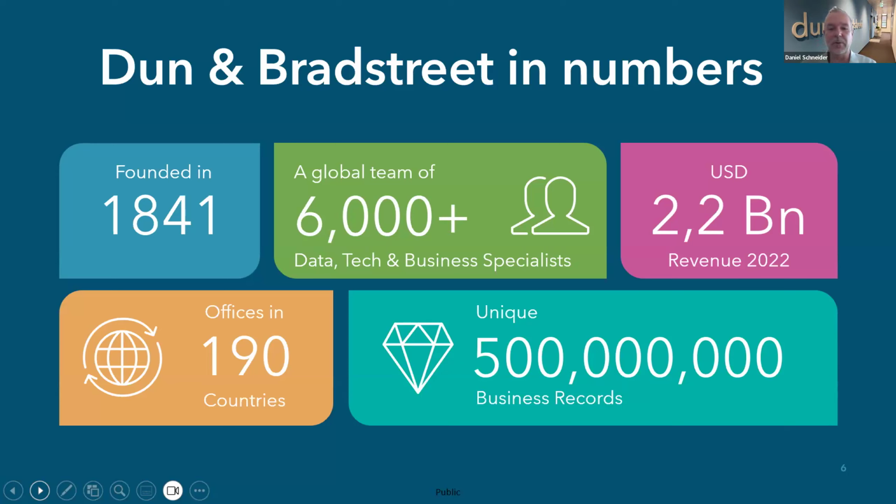One of our main skills, of course, is to have data. As you can see here, we have more than 500 million companies in our database. Actually, meanwhile, we are already at 570 million companies in our database. And this is our core business: to provide our customers with correct data of companies.